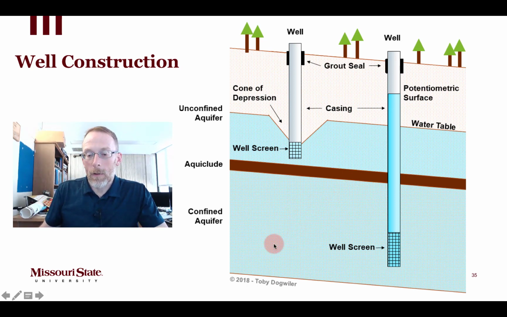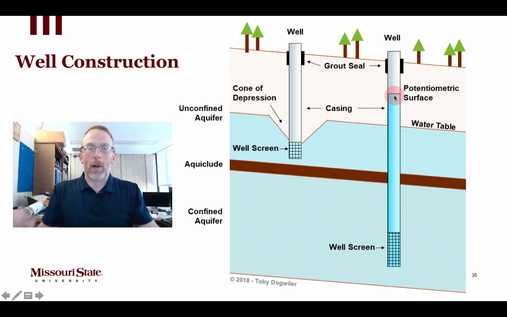We have the confined aquifer. The water is entering the well and it's under pressure and it rises up to the level where the pressure equalizes with the overall gravity. Now, if the amount of pressure in the well is great enough, the water may actually flow up and shoot out of the surface.